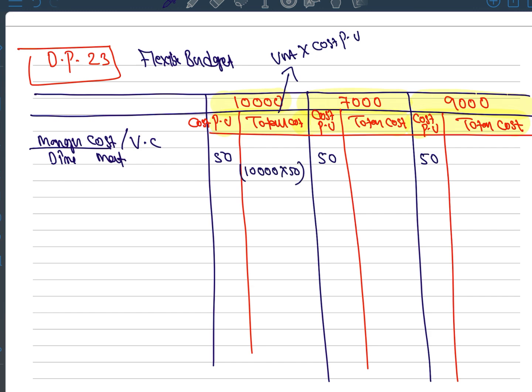So it's very easy. Here 10,000 into 50. How much? 5 lakh. Here 7,000 into 50. How much? 3 lakh 50,000. Here 9,000 into 50. 4 lakh 50,000. Okay.